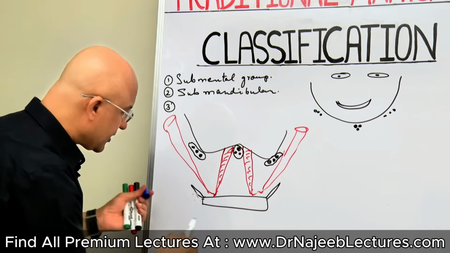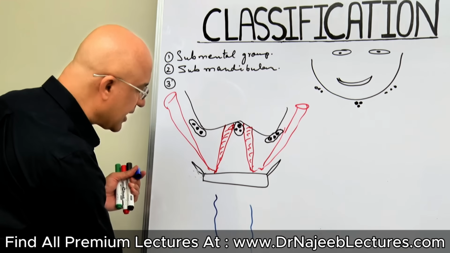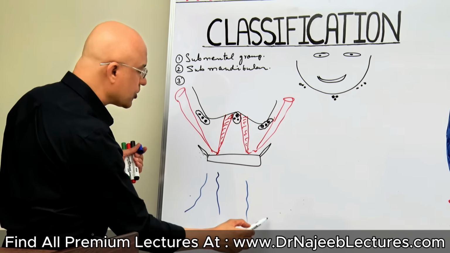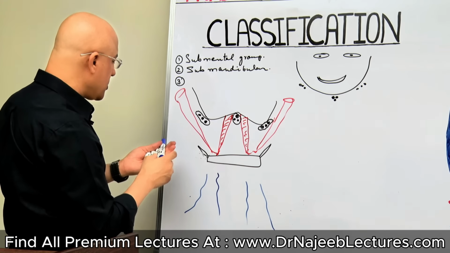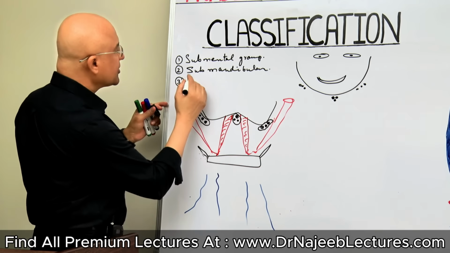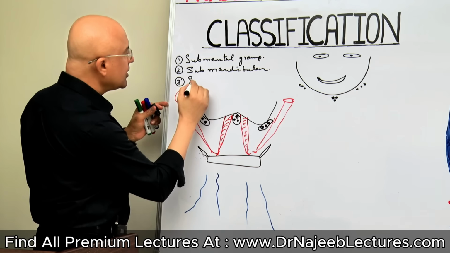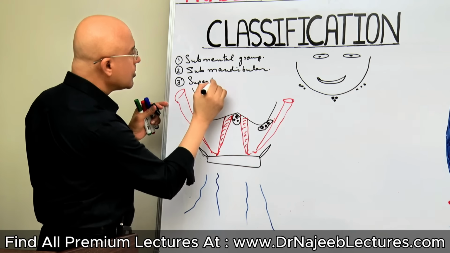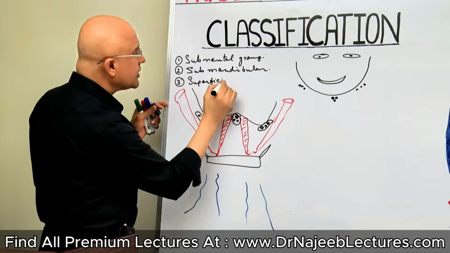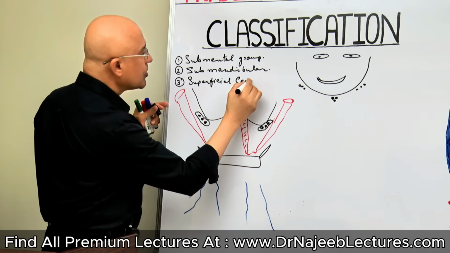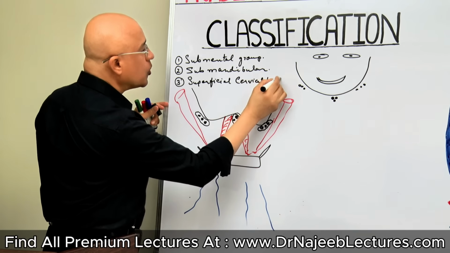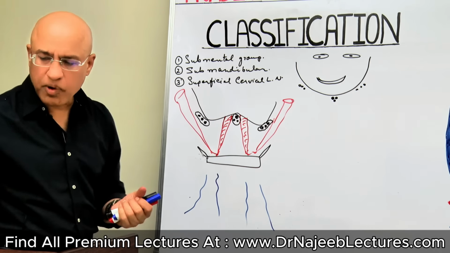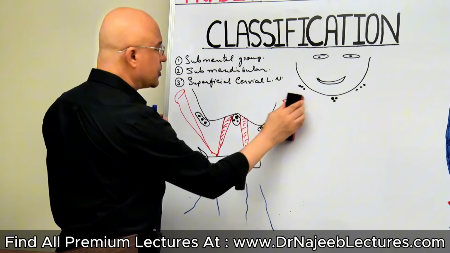Yes, here is the anterior jugular vein in the neck, and here is the external jugular vein. These are called the superficial cervical lymph nodes. Now, a few words about superficial cervical lymph nodes.